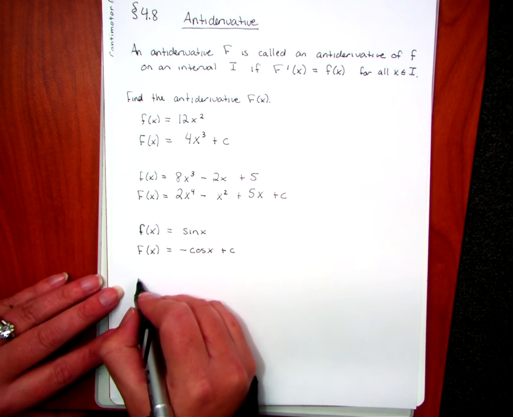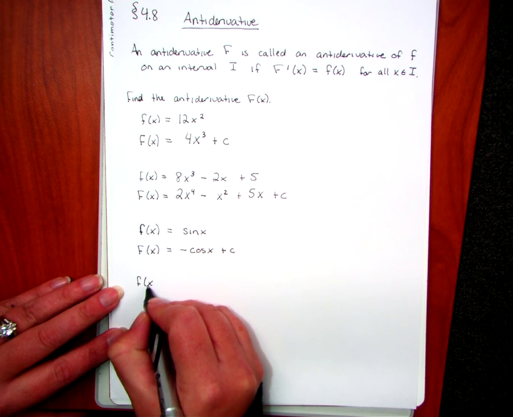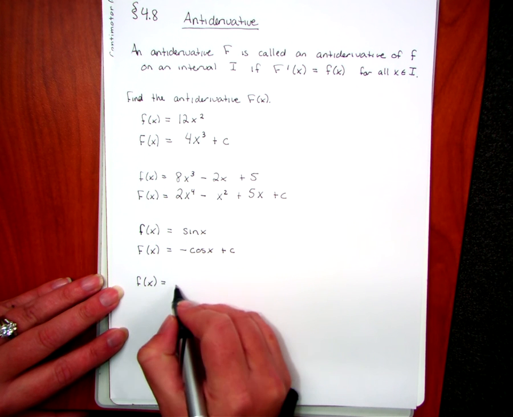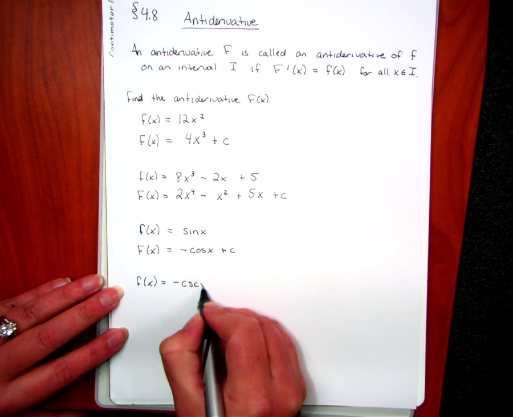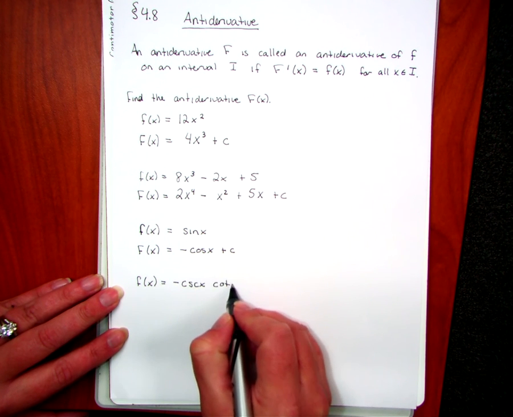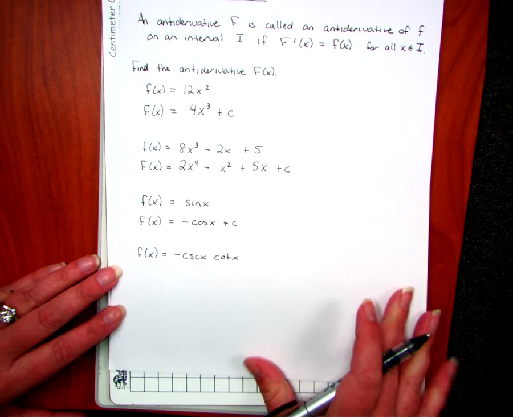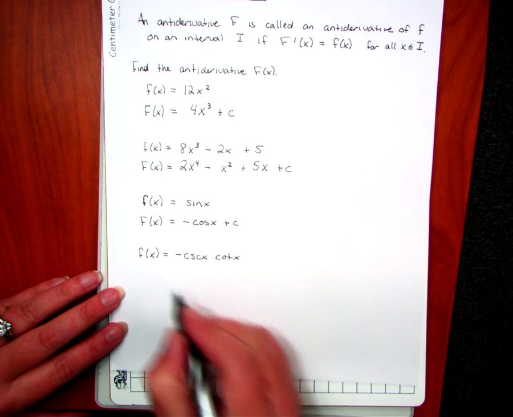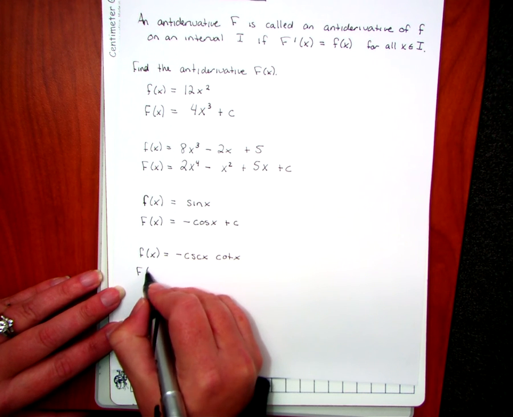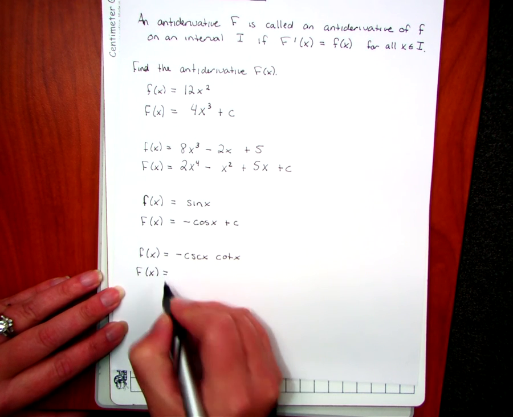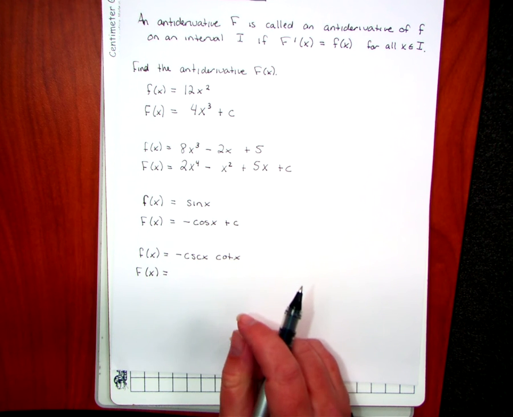So another trig function, if little f was negative cosecant cotangent, you should recognize that, right? Negative cosecant cotangent is the derivative of some trig function.